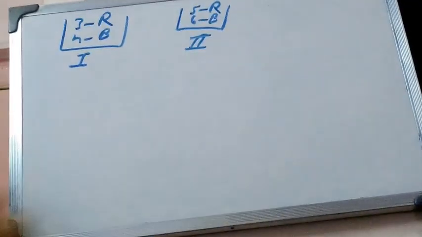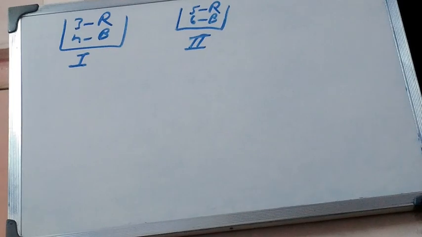Now one ball is drawn at random from one of the bags. We don't know from which bag, and it is found to be red. We have to find the probability that it was drawn from bag 2.